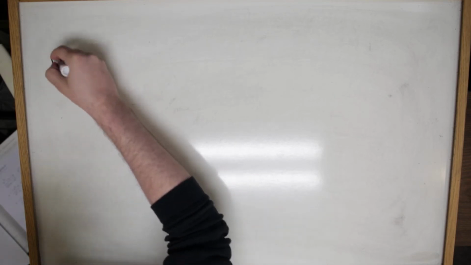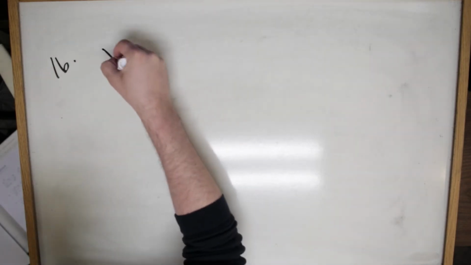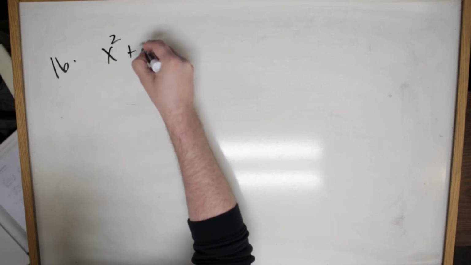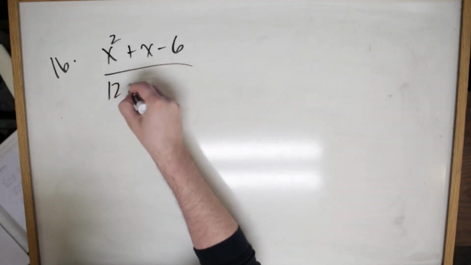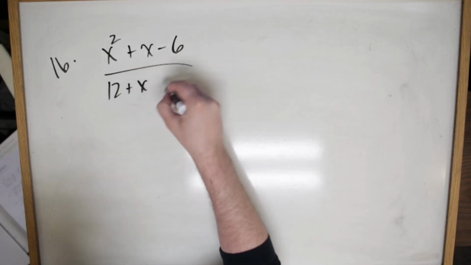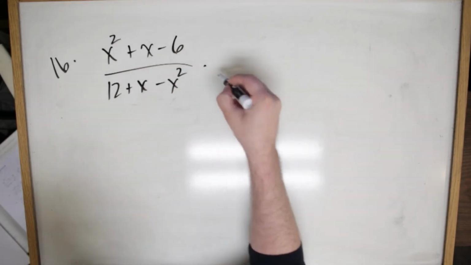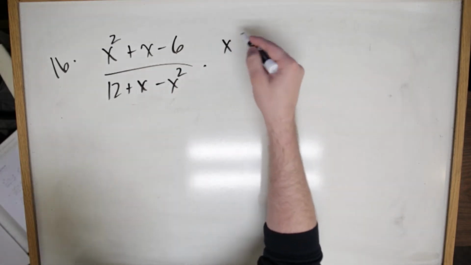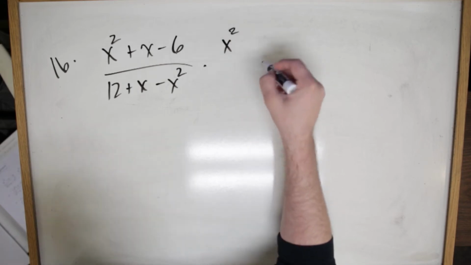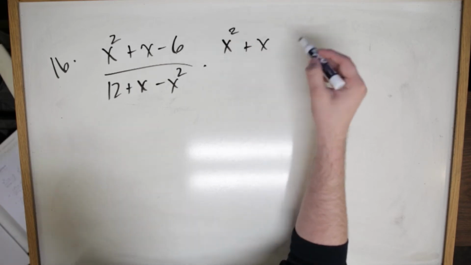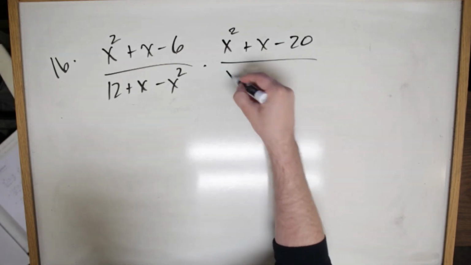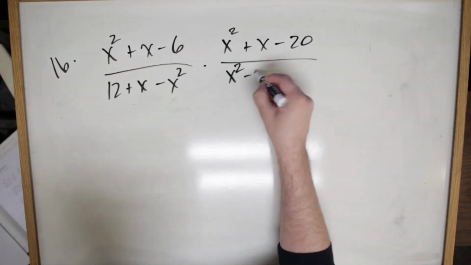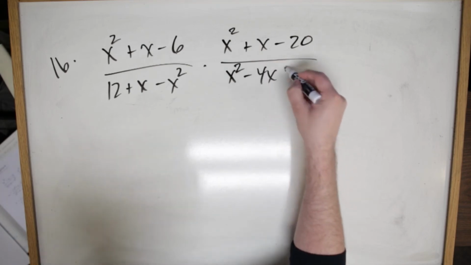Question 16. X squared plus x minus 6 all over 12 plus x minus x squared. I'm going to show you a little trick here to fix that denominator because it's kind of annoying. We don't want that. Times x squared minus 4x plus 4.